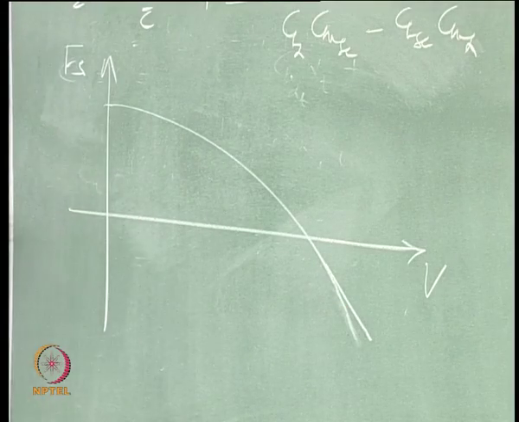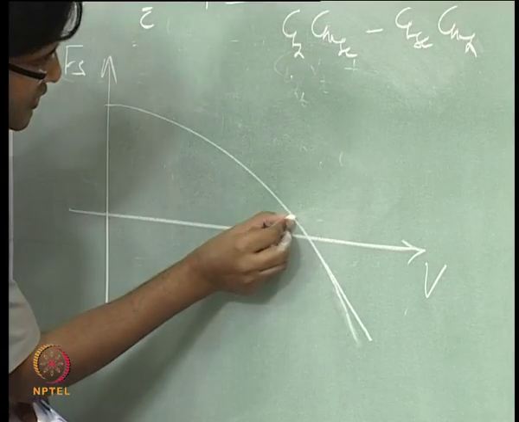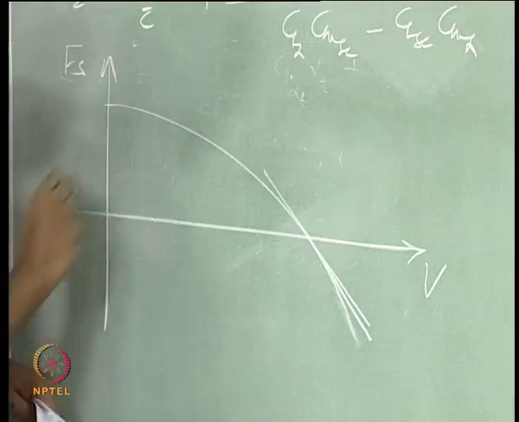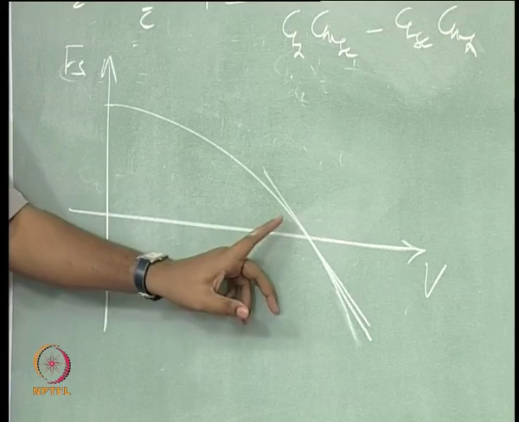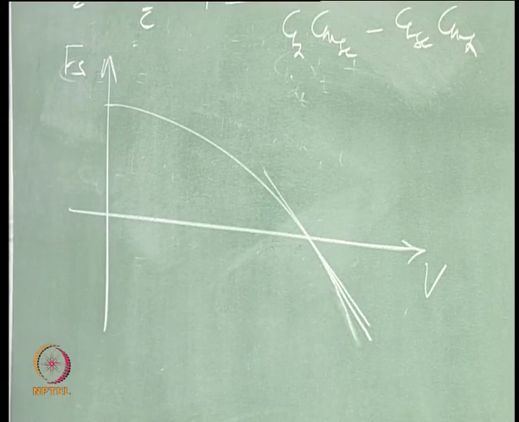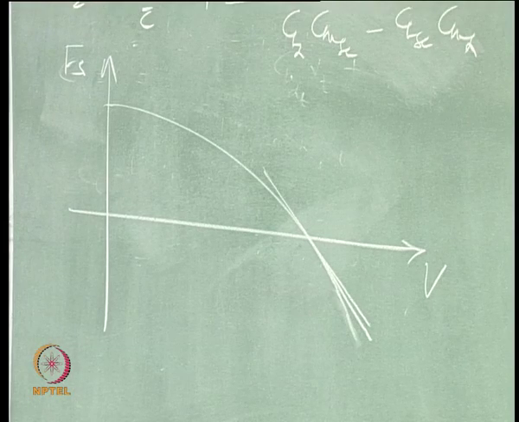Okay. So let us try to find out the slope of this curve at Fs, which is 0. Okay, that is the trim speed.